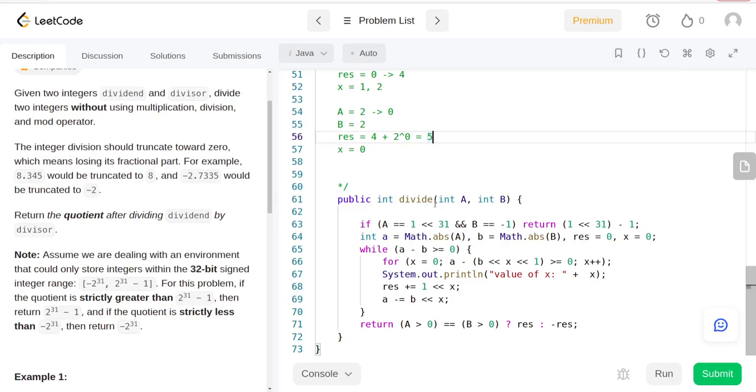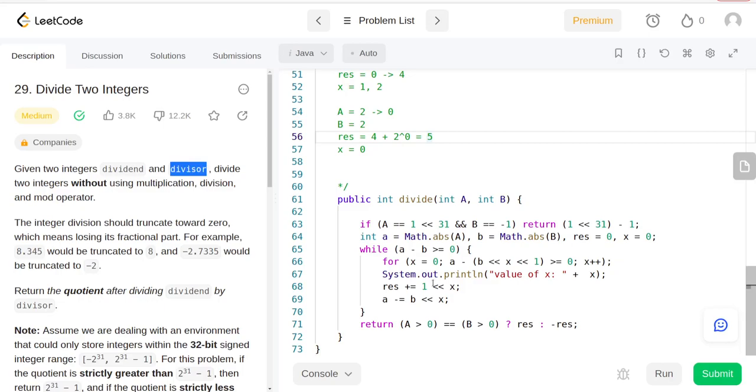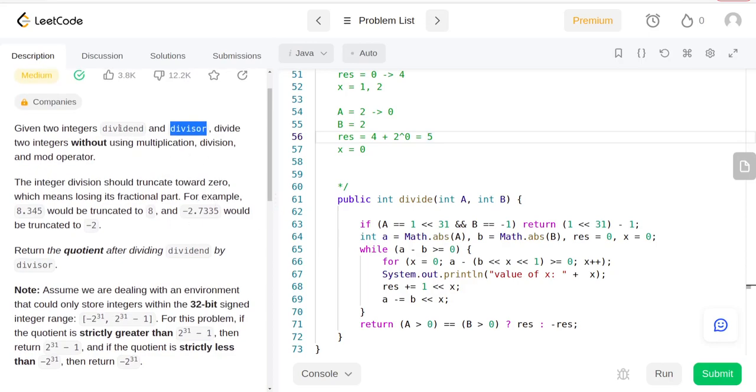That's all. In terms of the complexity, we are incrementing the divisor and reducing the dividend. So logarithmically we are reducing this down, and logarithmically we are increasing this one.